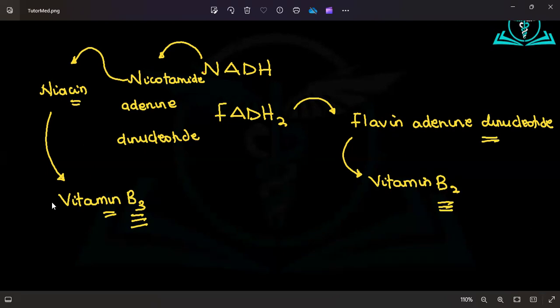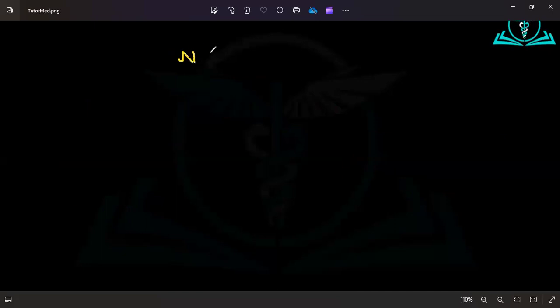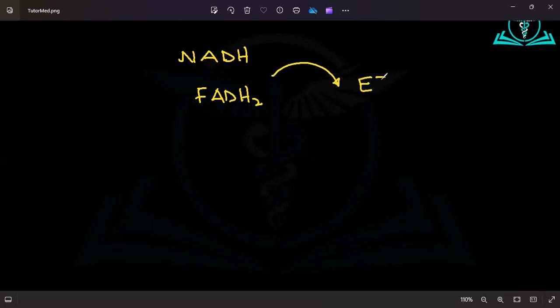But the point is that these guys are the nicotinamide adenine dinucleotide, okay? And then the flavin adenine dinucleotide. They are actually electron carriers that can eventually send the electrons through the electron transport chain.